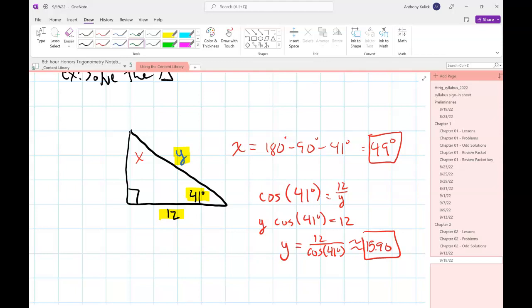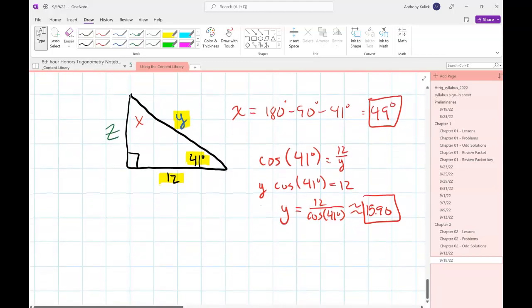All right. The last one we'll call Z. What do we want to use to find Z? Great, that's the best option. Note that you could also use the Pythagorean theorem. You could also have used sine.